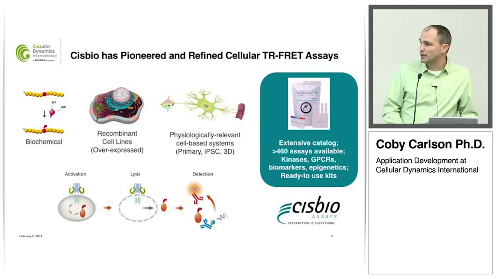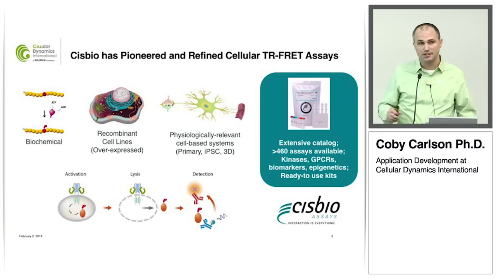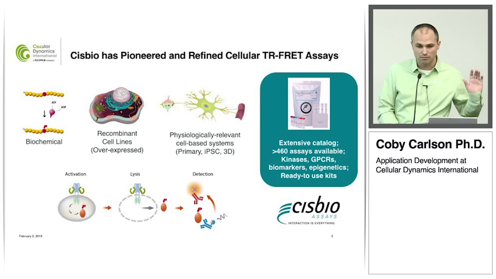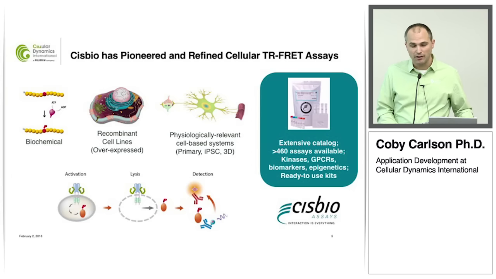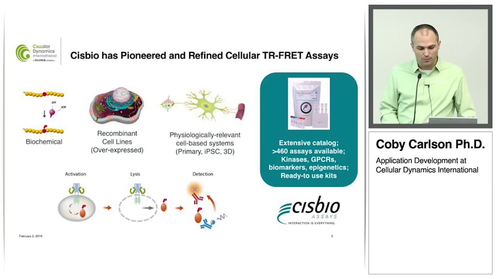And they've got an extensive catalog that really is superbly covered a broad range of things in terms of kinases and GPCRs, different biomarkers, and getting, of course, now into epigenetics. And it's just a pretty straightforward, ready-to-use, out-of-the-box solution with, in general, good supporting data to validate what they're trying to show.